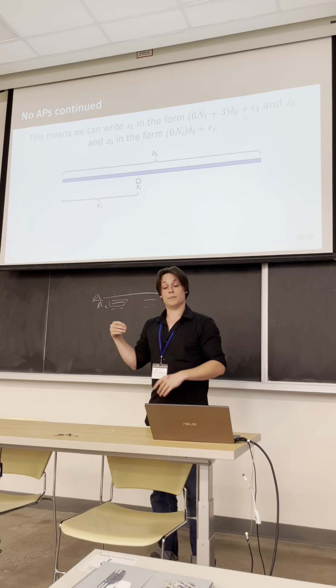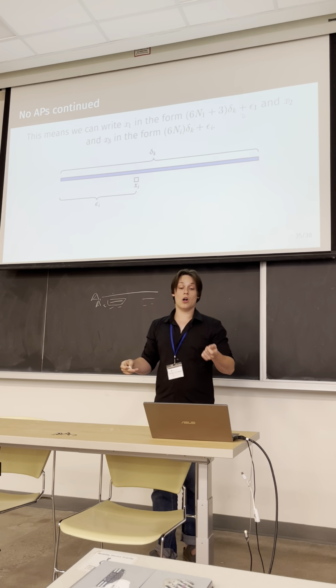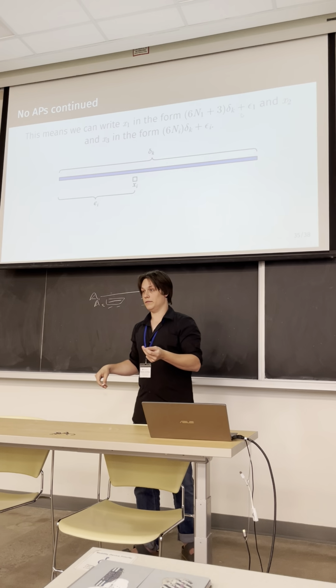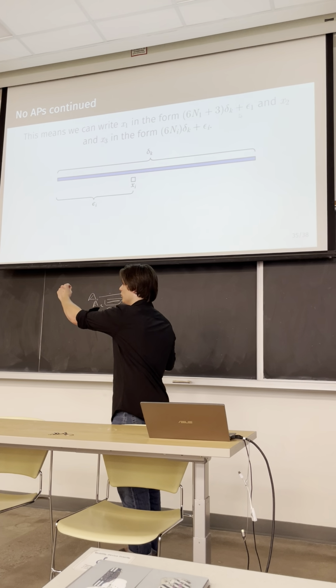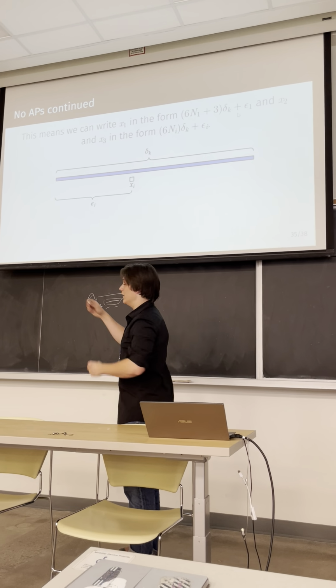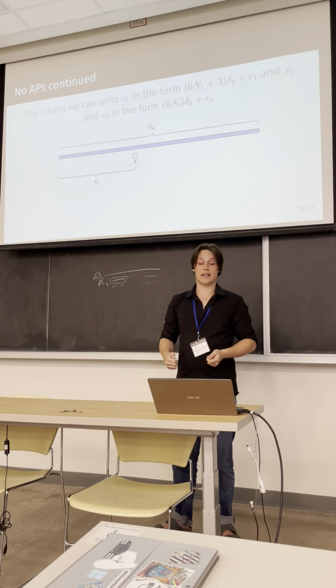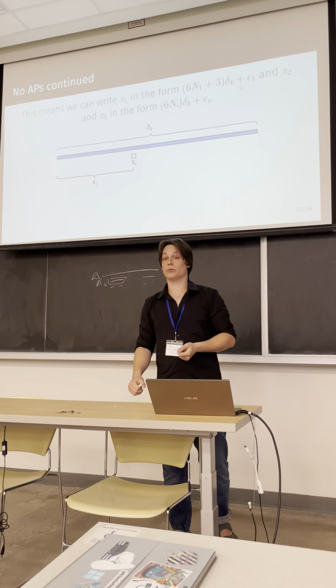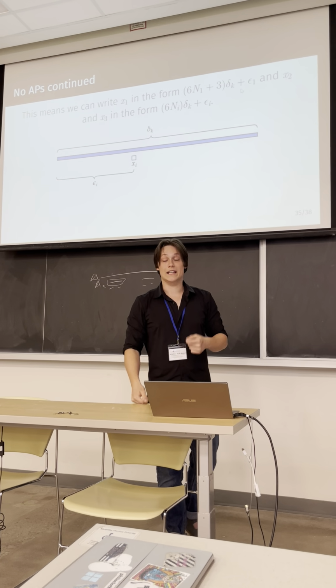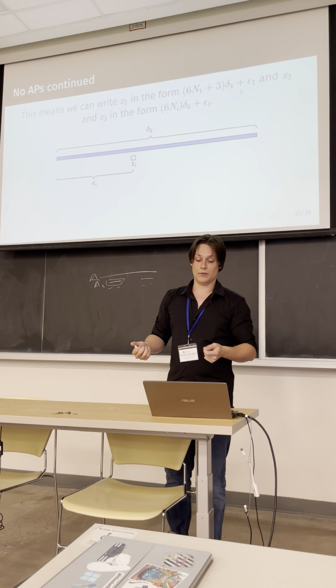But because delta k is smaller than the difference between x2 and x1, what that means is that x2 is spit out into a new interval. It's outside of J_k. And because it's outside of J_k, we then use the 0 mod 6 rule to define the intervals in which x2 and x3 are contained.